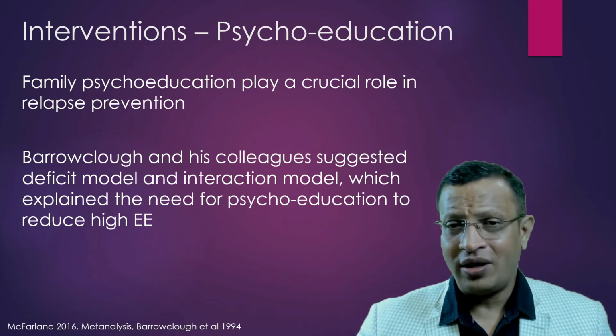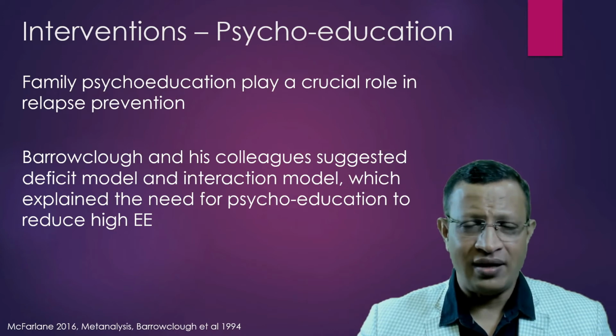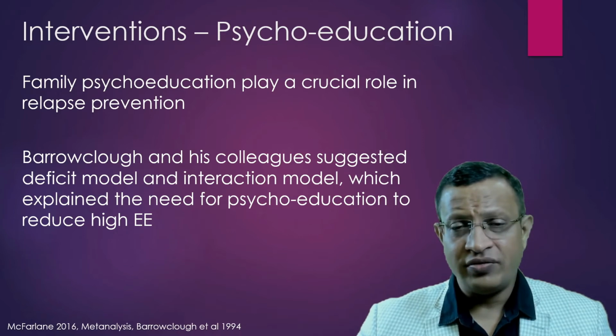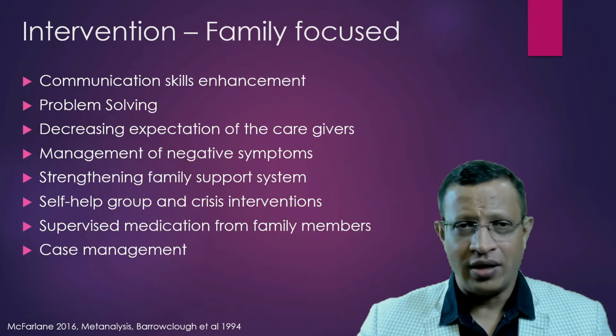With the deficit model, the family members do not have any knowledge and have a poor attitude towards persons with mental illness. By doing psychoeducation, it can be corrected. However, in the interaction model, the person with mental illness and caregivers need to be psychoeducated not once, but many times, so that this interaction improves their expressed emotion and also improves the outcome.